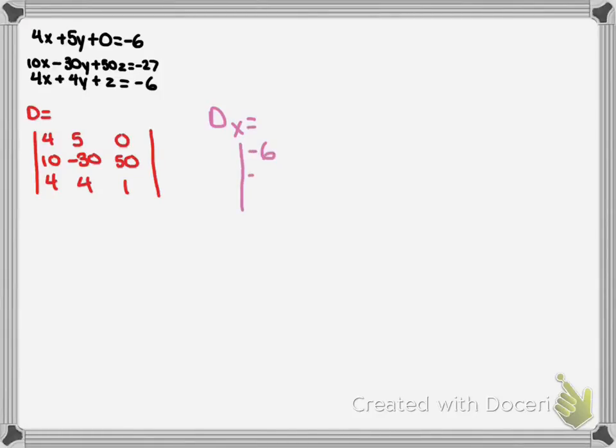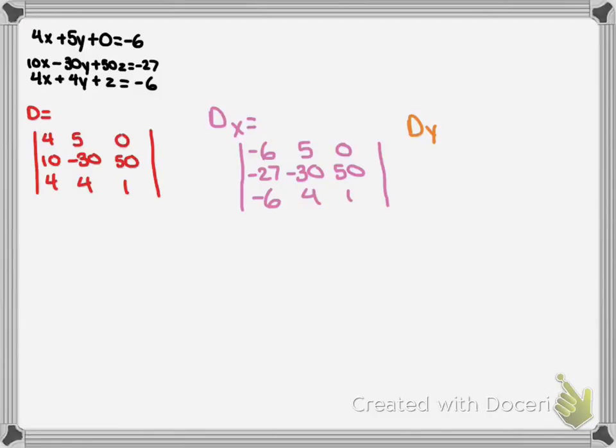But in d sub x we have to replace the x column with the answers in the equations. So the x column is now -6, -27, and -6. The y is 5, -30, and 4. And the z column is 0, 50, and 1.